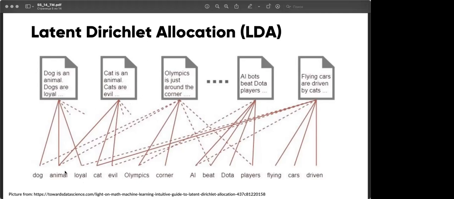The second one has the words animal, cat, evil, etc. If we want to infer any pattern about how those words co-occur, and any patterns of their semantic difference or, on the other hand, similarity, we would have to look through all of those links between words and documents and try to infer patterns here.